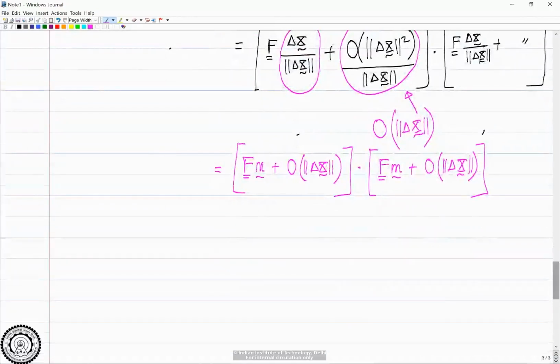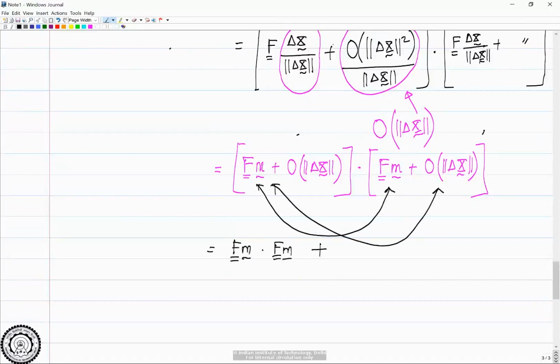So you see the most significant term here obviously is this one. So this becomes F M dotted with F M plus what will you have? What do I get if I multiply these two? So F M is like a constant and I'm multiplying with an order of delta x.